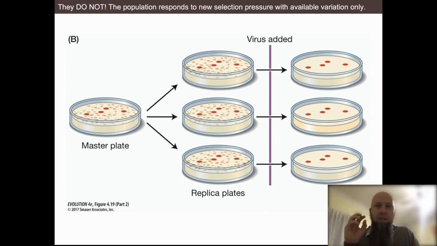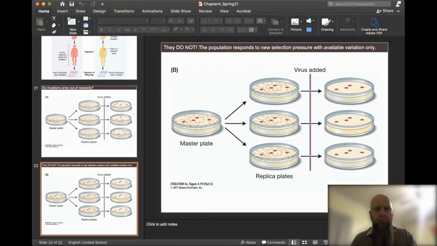The mutations exist in the population. And when selection pressures come into the environment and act on that population, the population can only respond with the genetic variation that it already possesses. Okay. That is it.